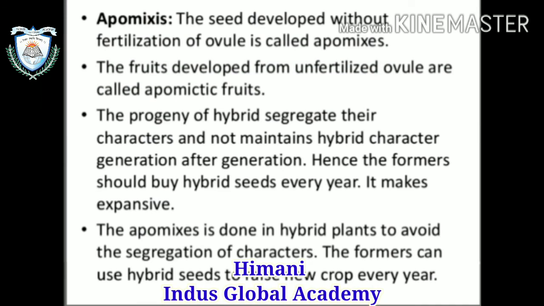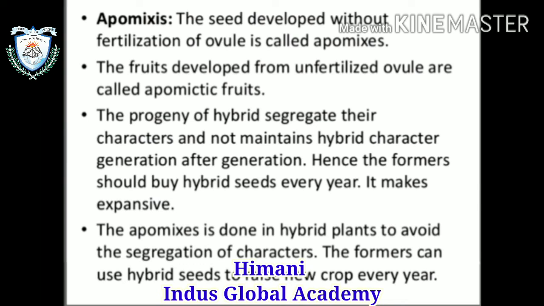After that, apomixis. Apomixis is what? The seeds developed without fertilization of the ovule is called apomixis, and the fruit developed from an unfertilized ovule is called an apomictic fruit. The progeny of the hybrid segregate their characters and do not maintain their hybrid character generation after generation.